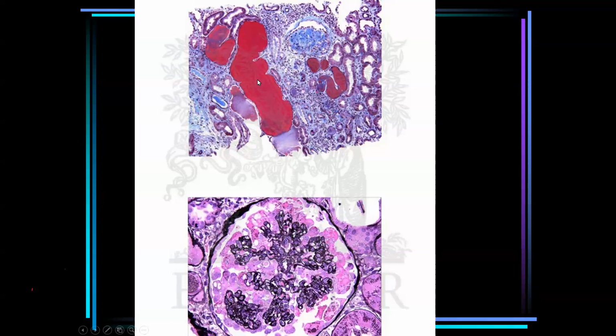And inside the lumen, this colloid-like cast is present. The combination of these two conditions together is highly suggestive of HIV-associated nephropathy, abbreviated HIVAN.